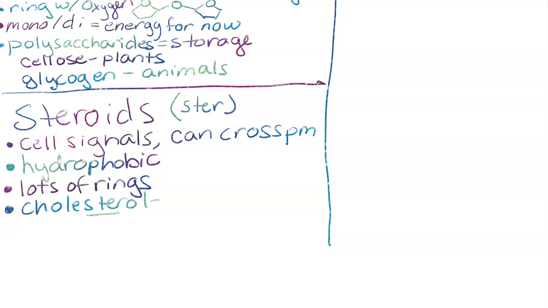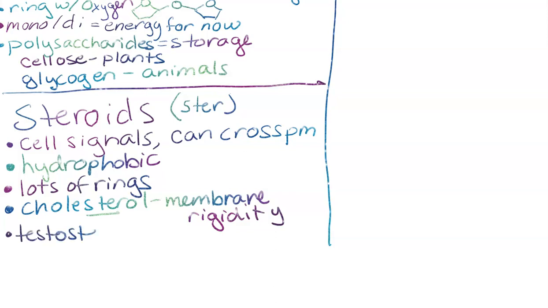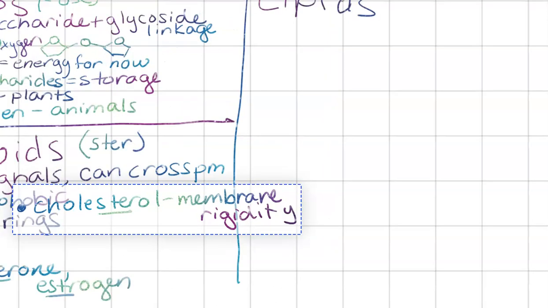Cholesterol sticks into the plasma membrane to make the membranes more rigid. And of course testosterone and estrogen. Ster. I guess that counts as a ster. All right, that's all you have to know about steroids. You really don't have to know a lot.